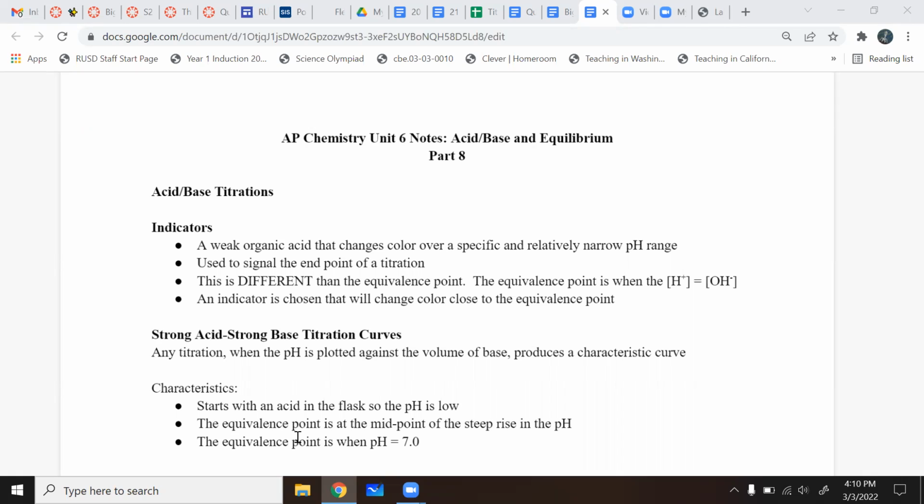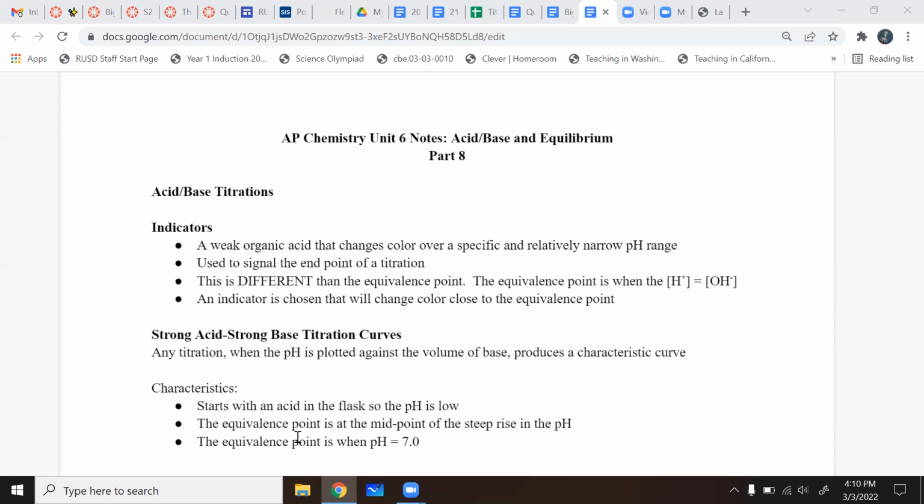It's usually used to signal an endpoint of a titration, because it's going to change if you pick it correctly around that equivalence point. Though it will not change exactly at the equivalence point, because where an indicator changes color and the equivalence point in a titration are technically different things.